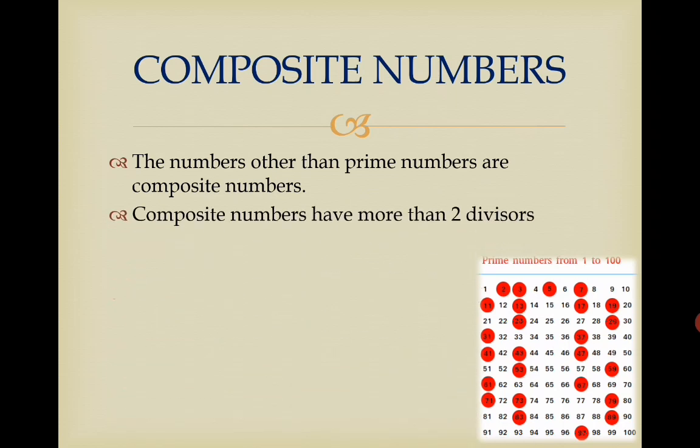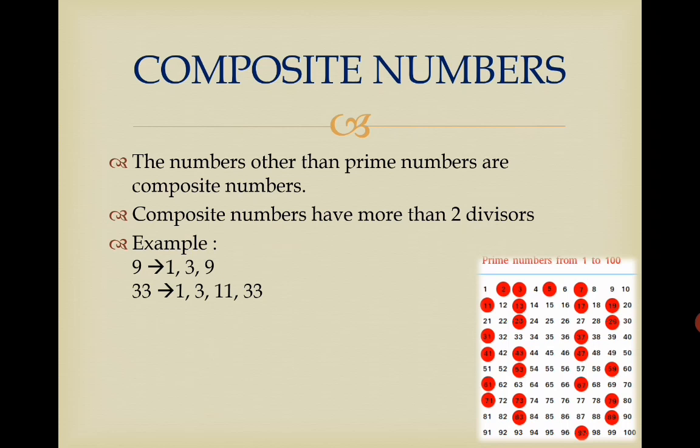For example, the number 9 is divisible by 1 and 9, obviously, but it is also divisible by 3. Another example is 33. The divisors of 33 are 1, 3, 11 and 33.